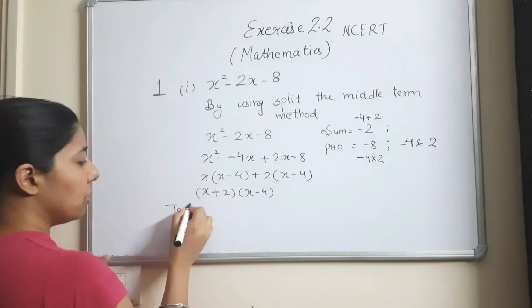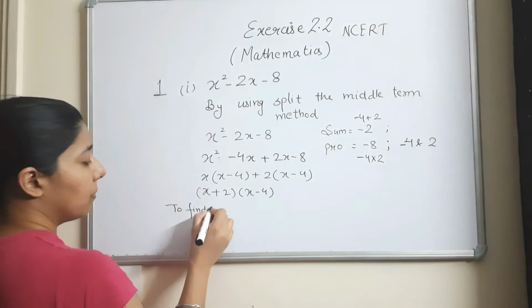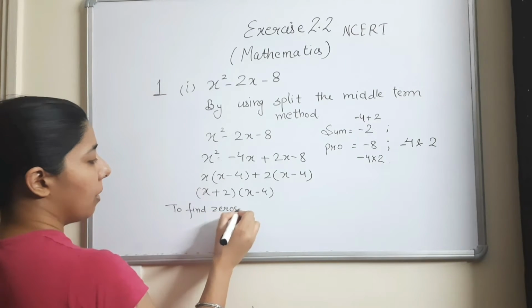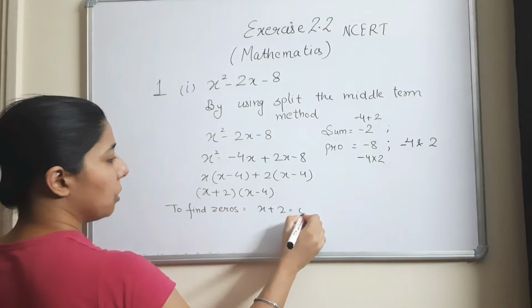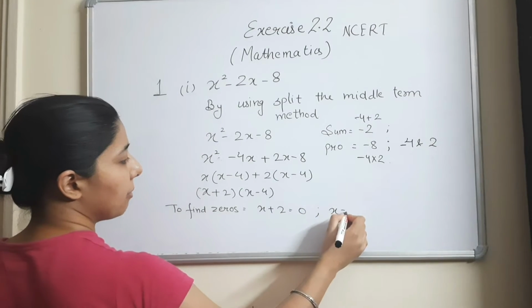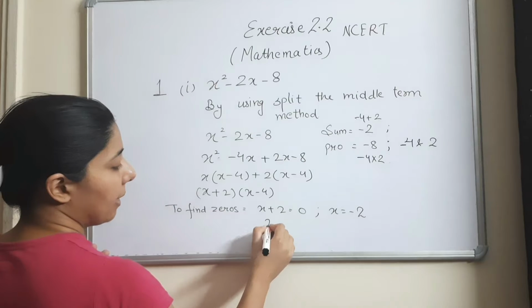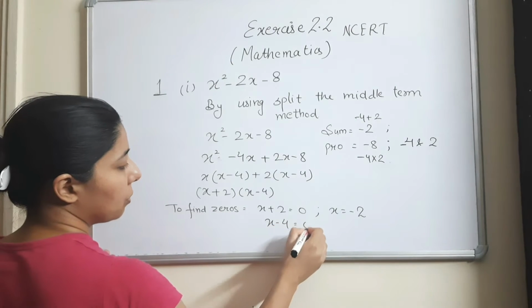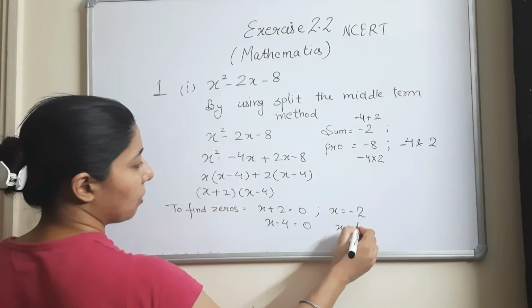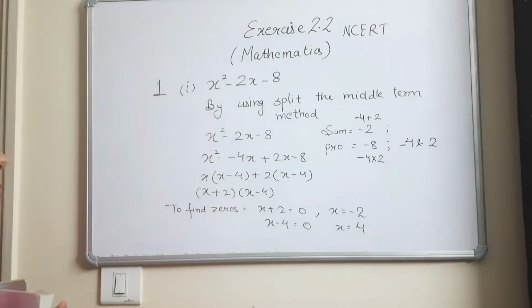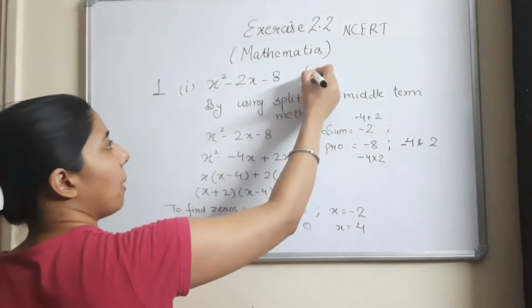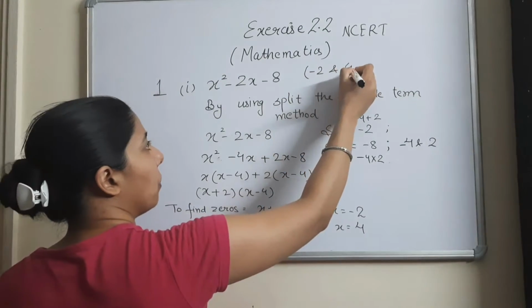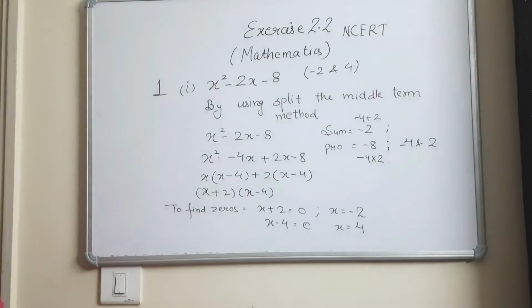To find zeros, write it down as x plus 2 is equals to 0. Therefore x is equals to minus 2 and x minus 4 is equals to 0. Therefore x is equals to 4. So minus 2 and 4 are the zeros of this polynomial. So write down minus 2 and 4 are the zeros of this polynomial.